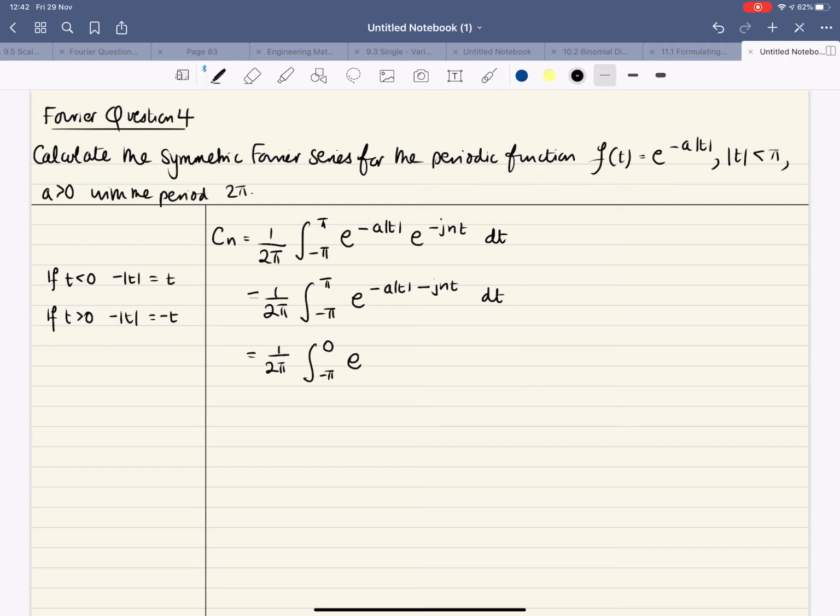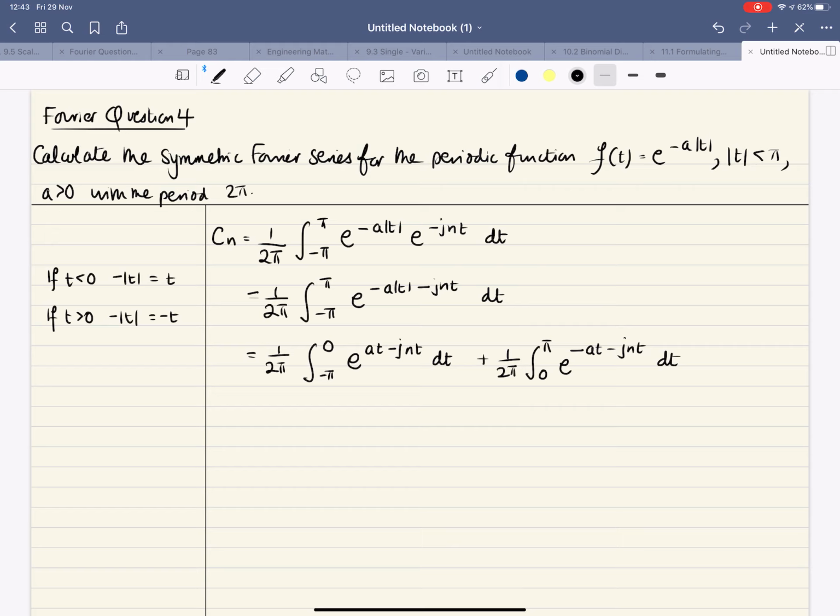So in that bit we just write a t minus j nt dt. And then we look at the positive bit as well. So it goes from 0 to pi. And it's e, and then minus a mod t is actually minus at minus j nt dt.